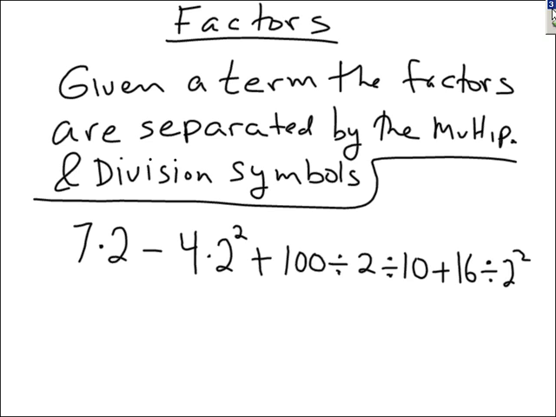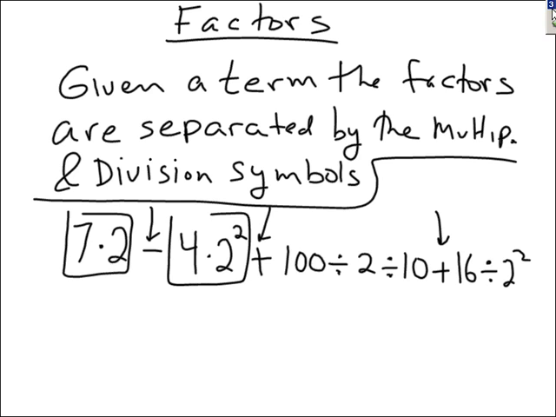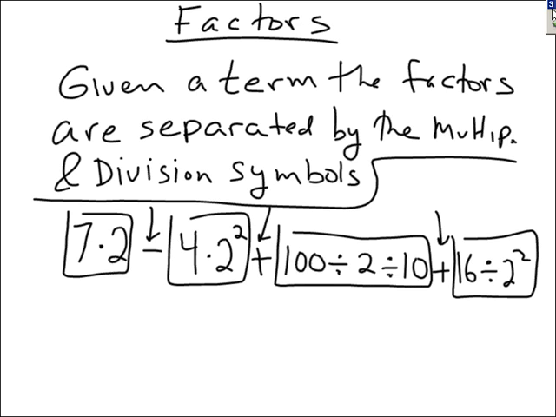So first we find the terms. The terms are separated by just addition and subtraction symbols. So basically, I box everything but the addition and subtraction symbols. If you're boxing more than addition and subtraction symbols or less than addition and subtraction symbols, you're messing up.